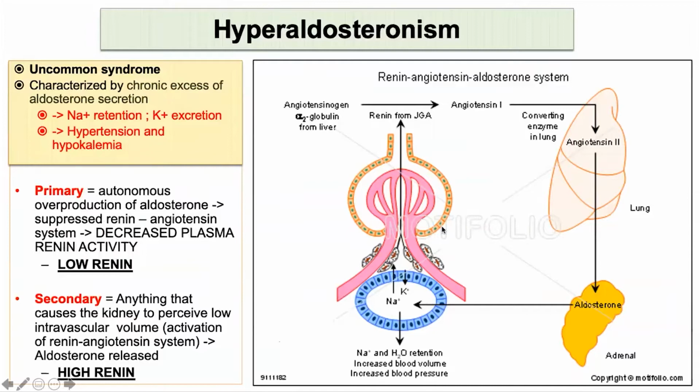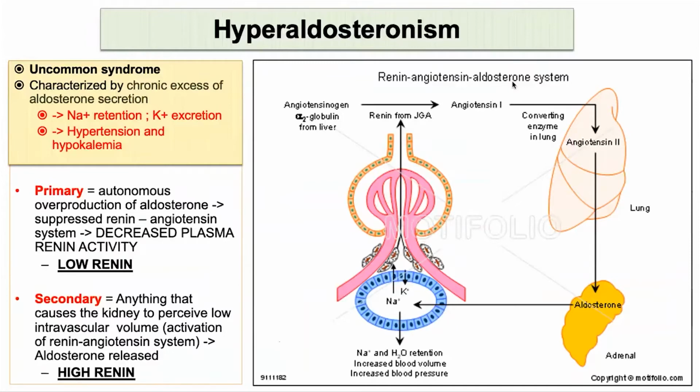There is a low intravascular volume, so the kidney will produce renin from the juxtaglomerular apparatus, JGA. Why do they produce the renin? Because the intravascular body volume is low, so the body has to produce a lot of renin to activate the RAS, the renin-angiotensin system.